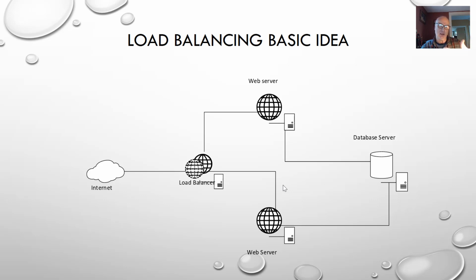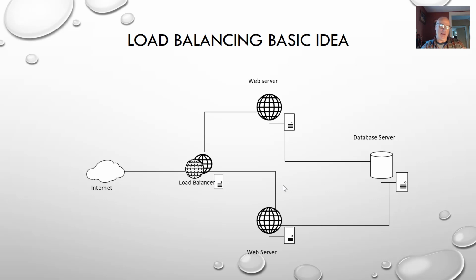The load balancer is going to look at the list of machines that are available to accept incoming connections and select one of those based on some sort of algorithm to receive the incoming connection. The incoming connection then does its thing on the web server.